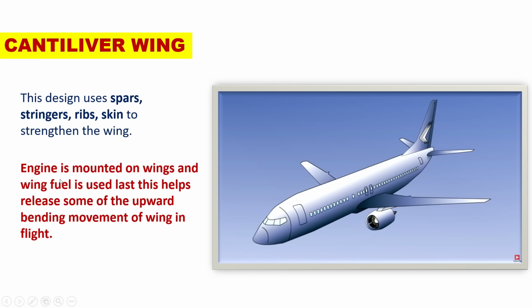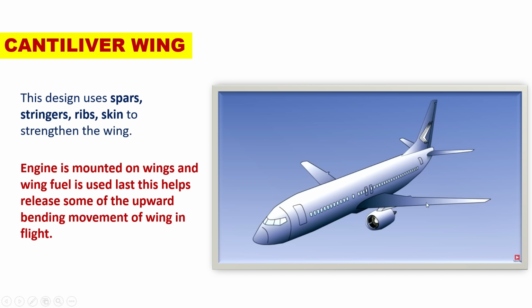And now, apart from this, we mount the engines on the wings, and the fuel is also filled inside the wings. So what does this do? It helps to reduce the upward bending moment of the wing.